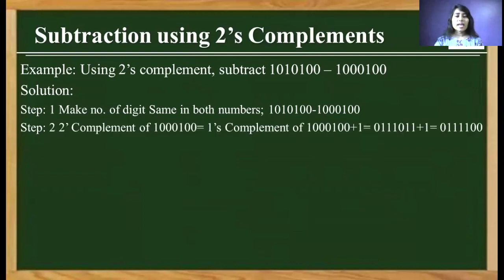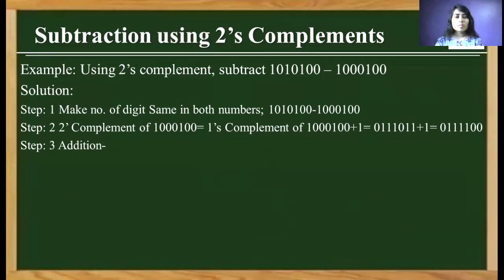Then calculate the 2's complement of 001010. 2's complement can be calculated by taking the 1's complement and just adding 1. And 1's complement can be calculated by replacing 0 with 1 and 1 with 0. So here we have the answer for the 2's complement.